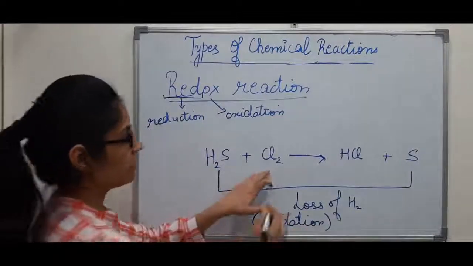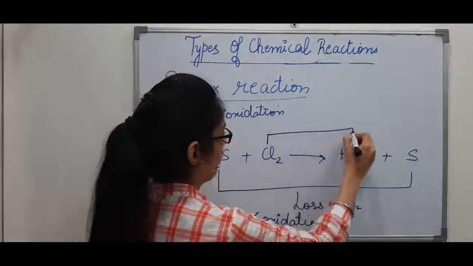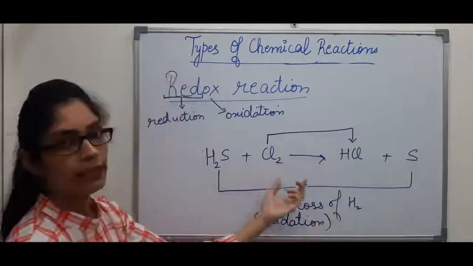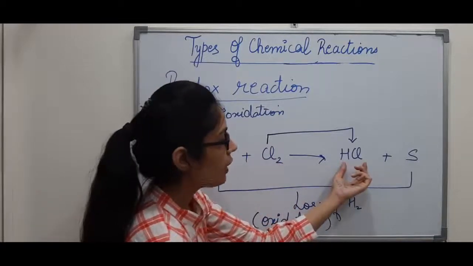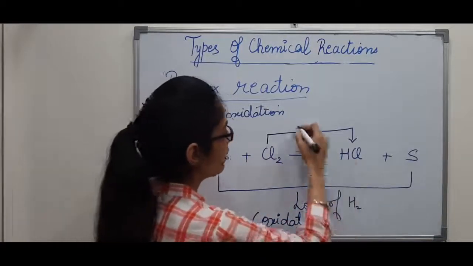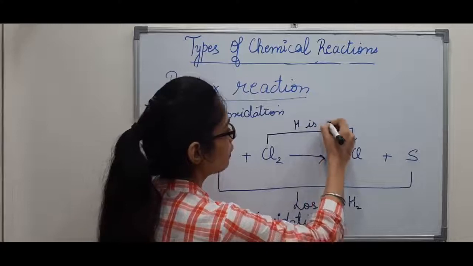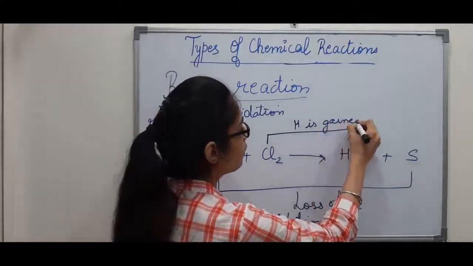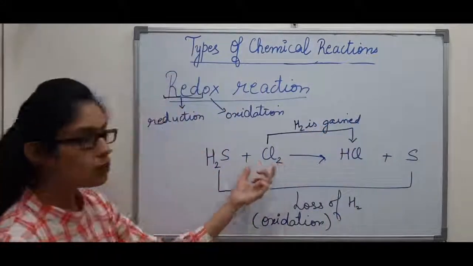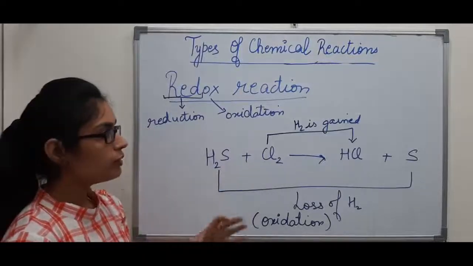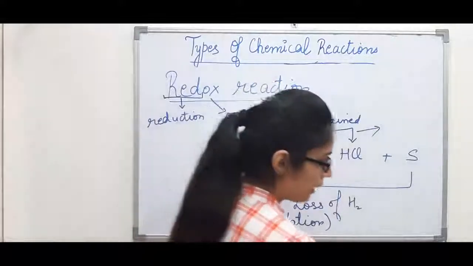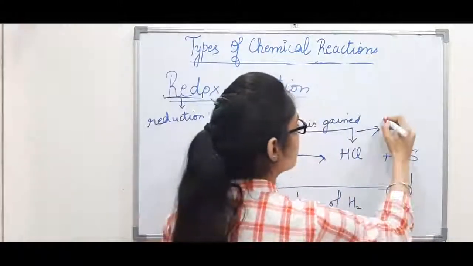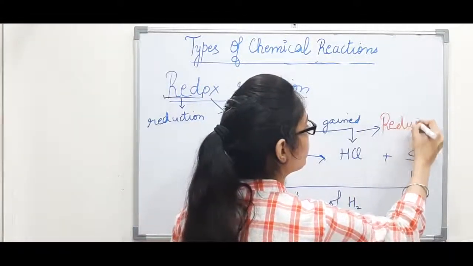Now let's see this. If I go from chlorine to HCl, I can see an H atom has been added, which means hydrogen is gained. And just now we have discussed, if hydrogen is gained, that process is known as reduction.